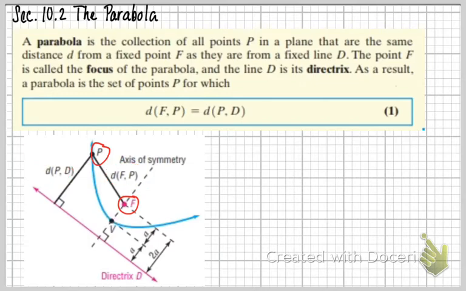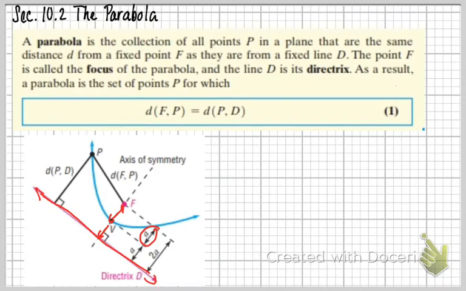Essentially, this distance here from my F to my V is going to be a, and that's what we see down here. And then from that vertex straight out, a distance of a, and a line that's going to be perpendicular to that is going to be my directrix.